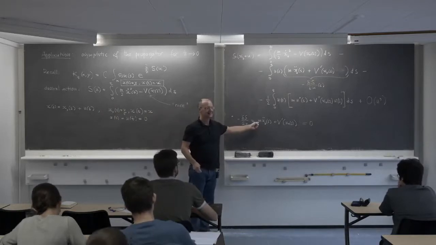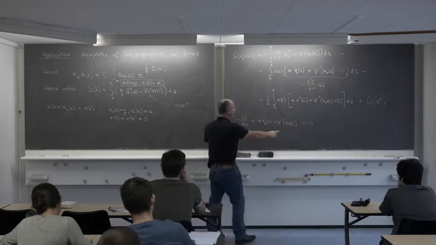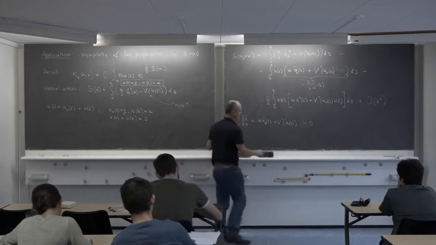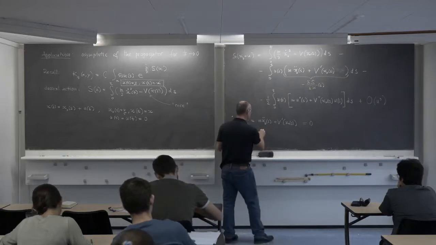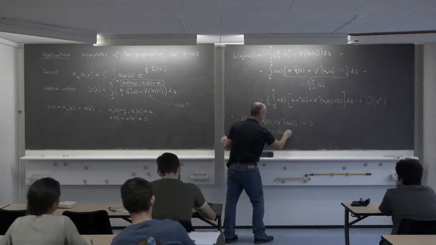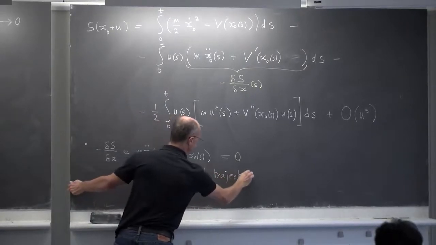All right, so if this first term is equal to 0, then x naught is called a classical trajectory.